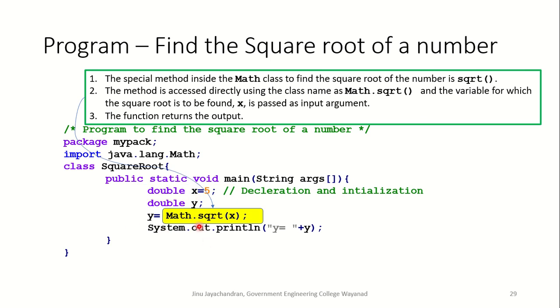Then when you call Math.sqrt, which is a method inside Math, and pass x as an argument, the sqrt method will calculate the square root of x. It will return it to y, and y will now have the output. So you can print y, which will give the output of the square root of x.